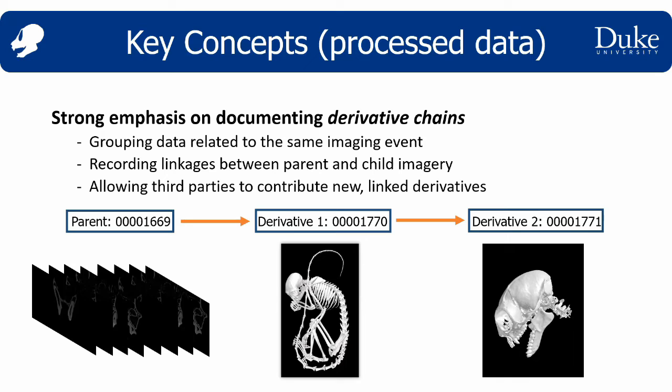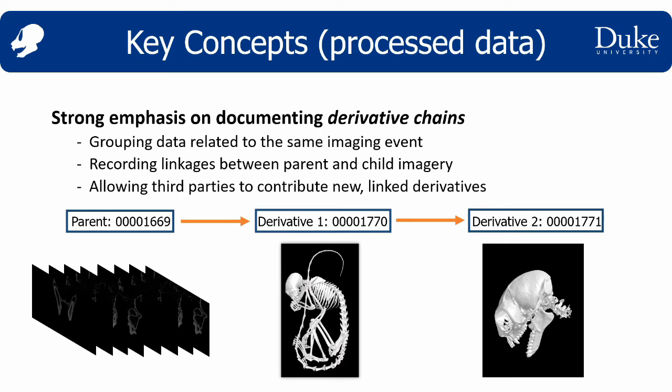So what you're looking at here is essentially a parent data, which might be an image series or an image stack that would be displayed as a volume with internal structures. That would be linked to a derivative, which could be a segmentation of, in this case, the whole skeleton that was in that scan, so a surface, a mesh file.